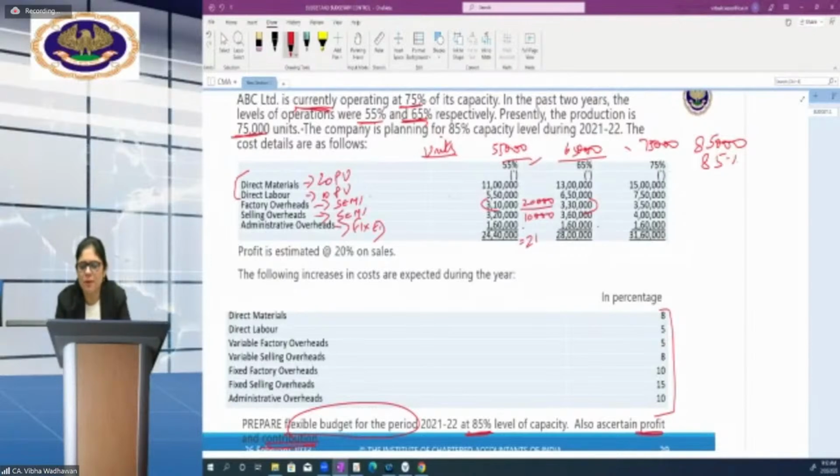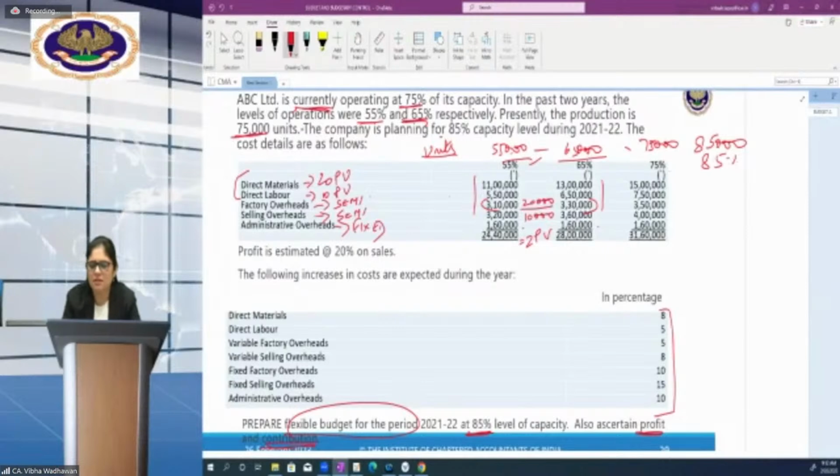It's 2 per unit variable proportion in it. How do you split the semi-variable? Difference in cost between two levels of activity and difference in units. So 20,000 is the difference in cost and 10,000 is the difference in units. So 20,000 divided by 10,000, 2 per unit is the variable cost in it.